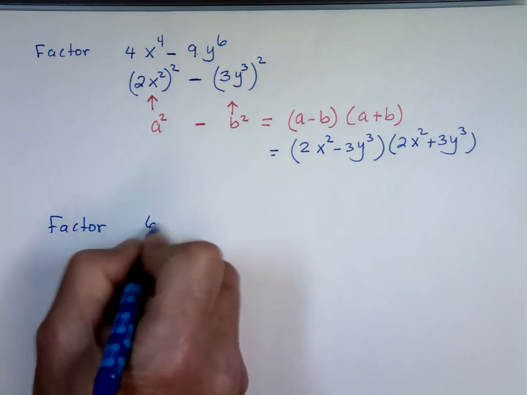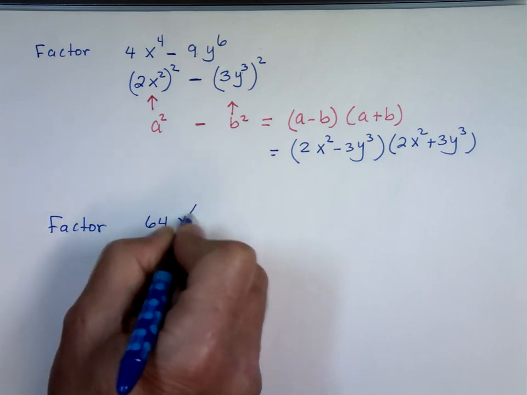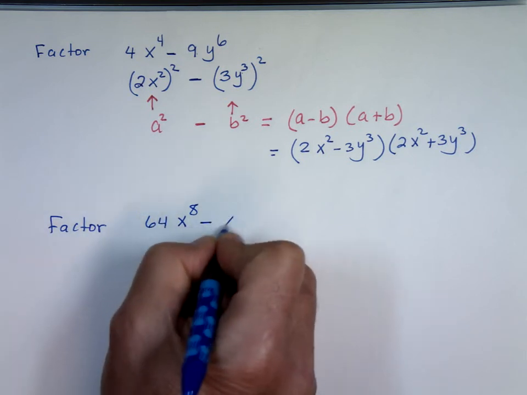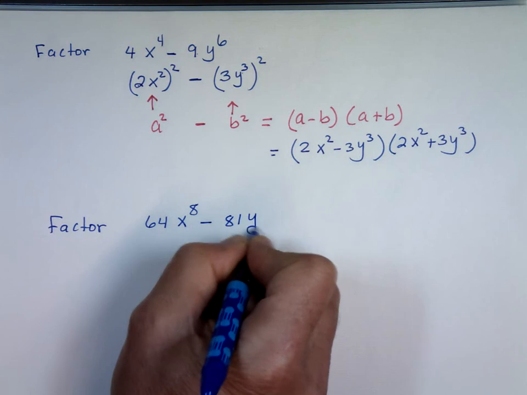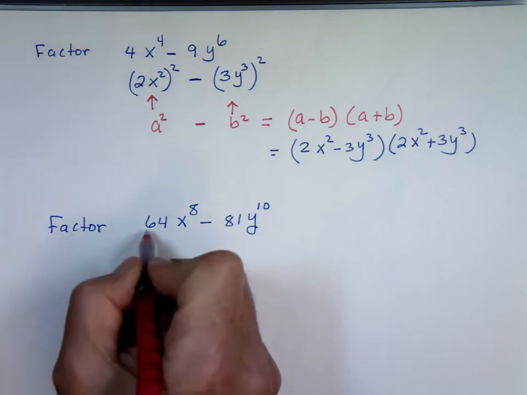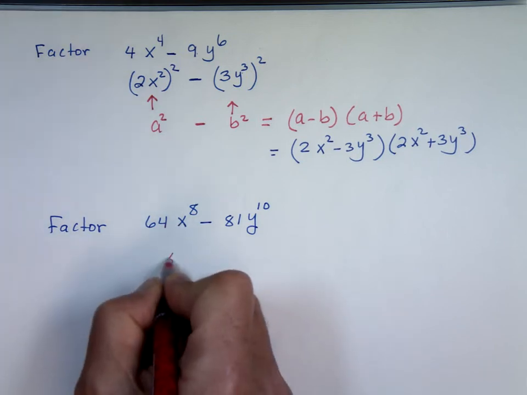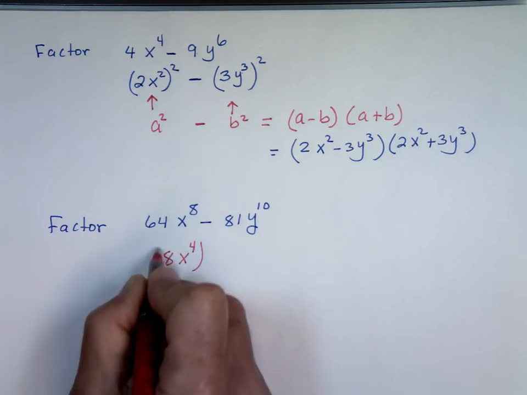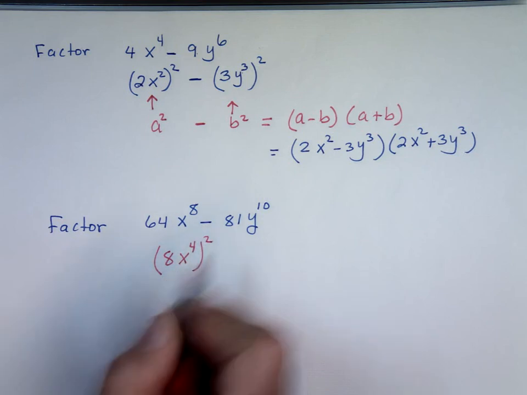64x to the 8th minus 81y to the 10th. I'm just having fun with them. I mean, the 64 is 8 squared, so that's 8x to the 4, the whole thing squared. 8 squared is 64.